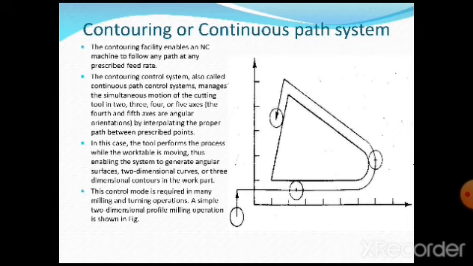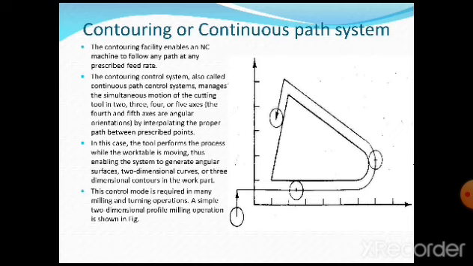The contouring facility enables an NC machine to follow any path at any prescribed feed rate. So whatever the feed rate is, according to that there is a movement of the cutting tool. The contouring control system, also called continuous path, both have the same meaning. Contouring or continuous path system manages the simultaneous motion of the cutting tool in 2, 3, 4 or even 5 axes.